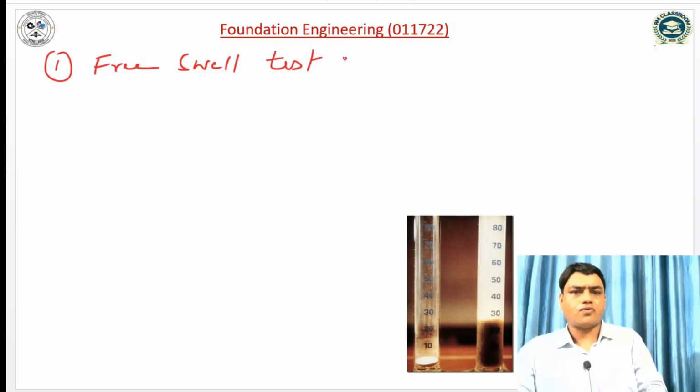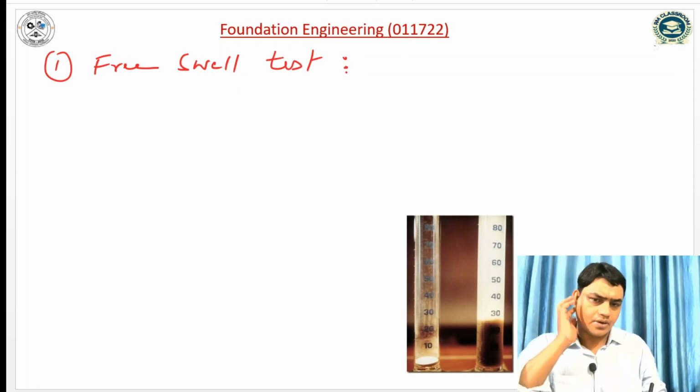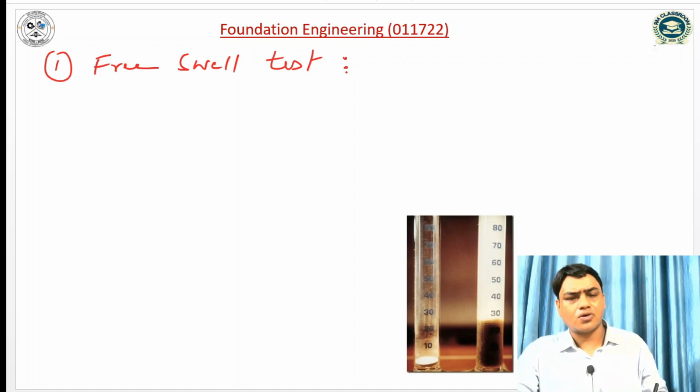So in the free swell test, about 10 gram of dry soil sample or oven dry soil sample is taken, which passes through the 425 micron sieve, and a 100 ml cylindrical measure is taken, and put the 10 gram dry soil sample into the cylindrical measure, and after that fill the water up to the 100 ml volume, and allow the soil to settle for 24 hours, and after 24 hours read the swell volume of the soil.